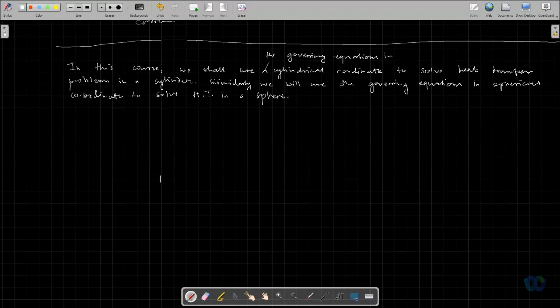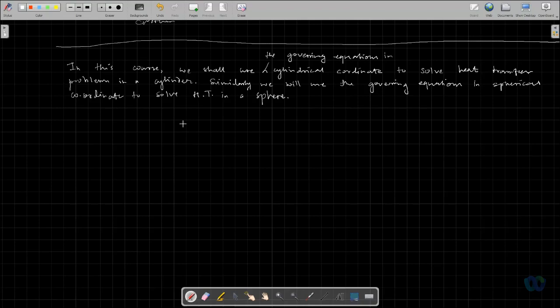Okay, so that's the methodology we are going to follow, and the methods remain the same. The method of solution or algorithm, the implicit and explicit method formulation, remains the same. However, there are some typical features that come into the picture when we want to solve cylindrical and spherical coordinate equations.